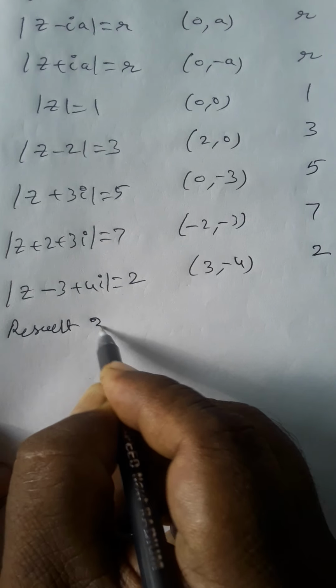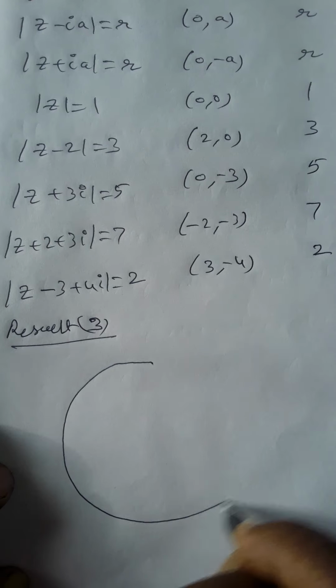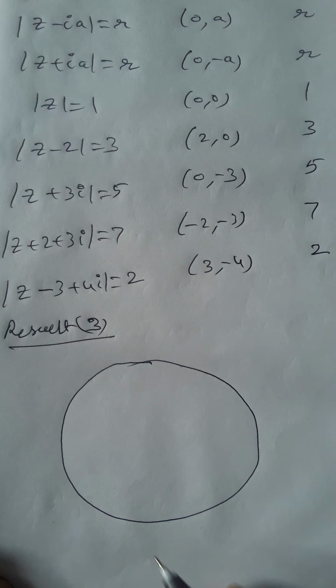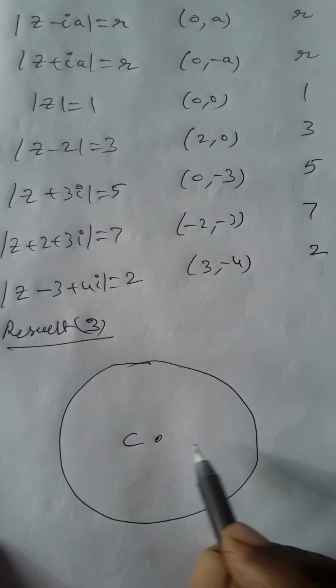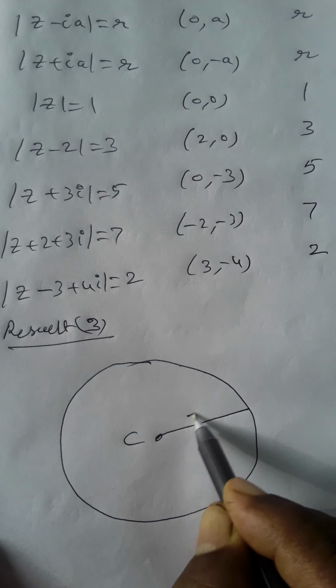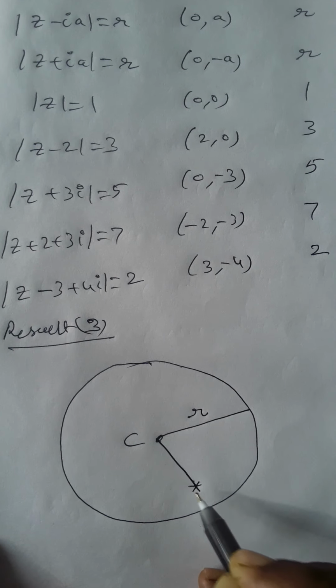Result 3. Circle with center C and radius R. P is any point.